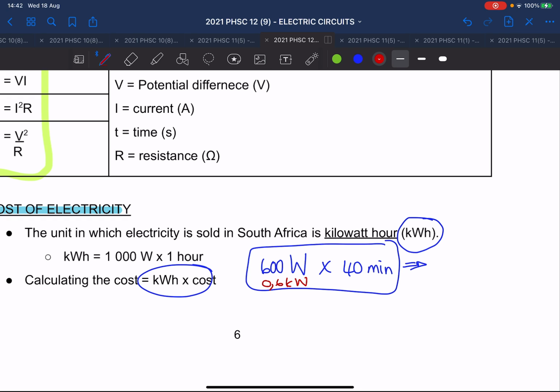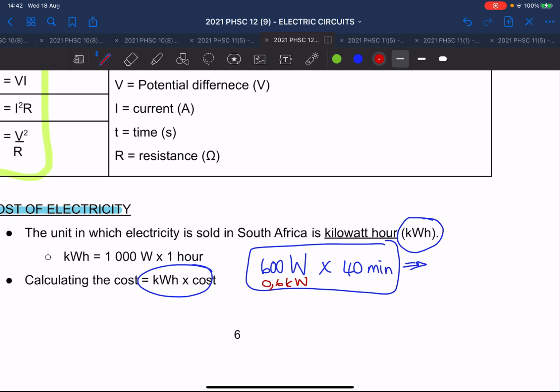How do we convert minutes into hours? If I say we are here for 60 minutes, how many hours? 1. So what did you do? You divide it by 60.